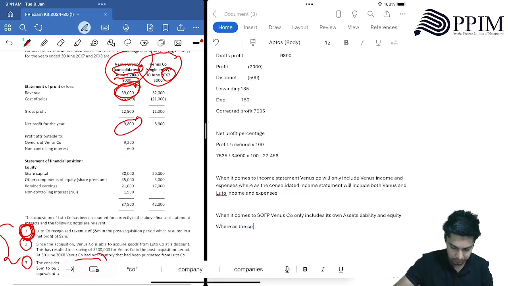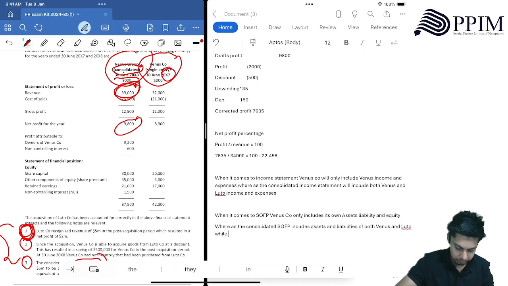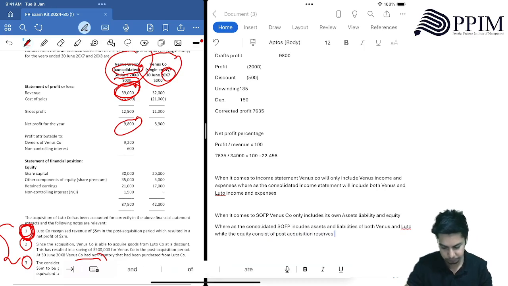Whereas the consolidated SOFP includes assets and liabilities of both Venus and Pluto, while the equity consists of post acquisition reserves.